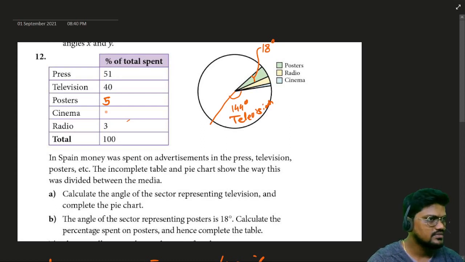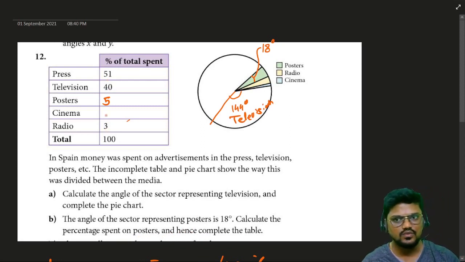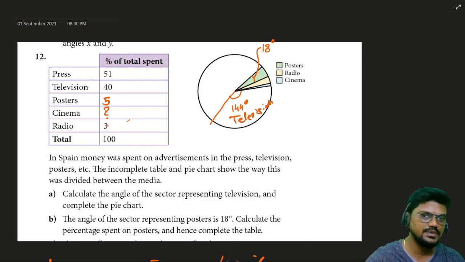Fine. The next one: calculate the percentage for cinema and hence complete the table. How do we calculate it? Can anyone tell me? Ashmi, can you tell me how we find the cinema percentage?